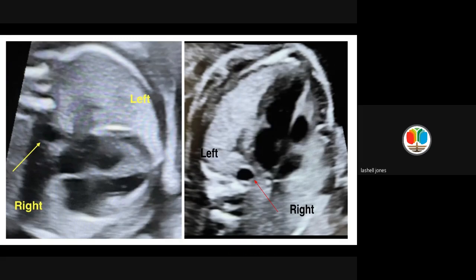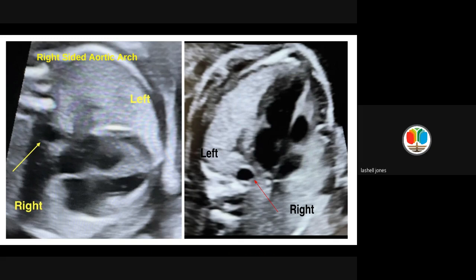So let's look at an example where the descending aorta is on the right side. What is that usually indicative of? Right-sided aortic arch. So with our right-sided aortic arch, you're going to notice that the descending aorta is on the right side instead of the left.